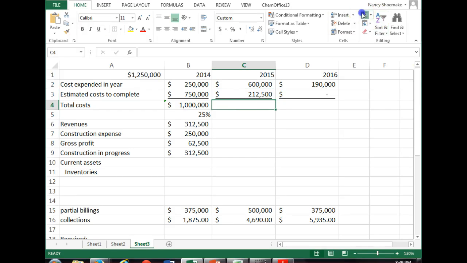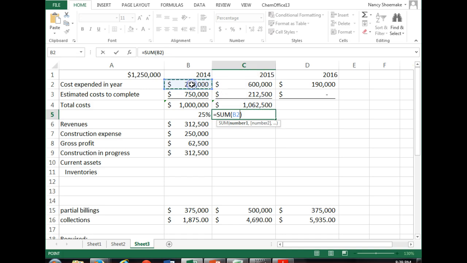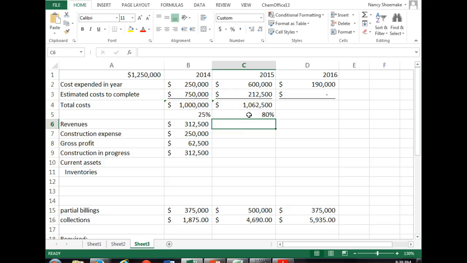So our total cost should really be these two plus this, plus this, and then wouldn't we take, to come up with this number, this plus this, and then divide it by this, right? Correct?